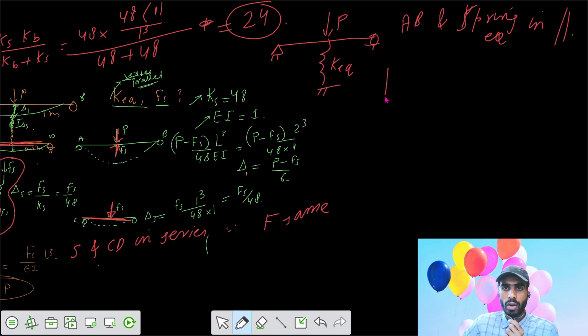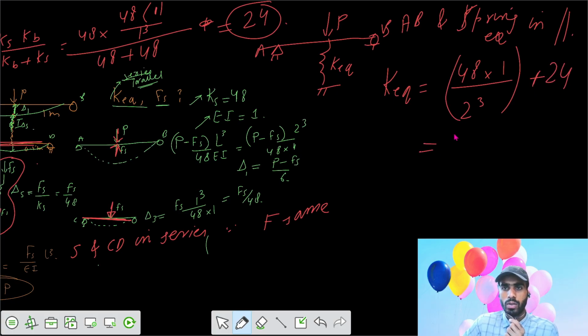If they are in parallel, you have to add the two. K equivalent equals the stiffness of the bar AB, that's 48 EI upon L cube, where the value of L is 2, so 2 cube, plus your equivalent of 24. So you can get the value of 30. K equivalent is 30.